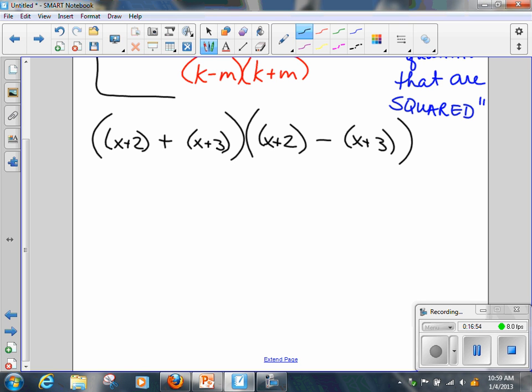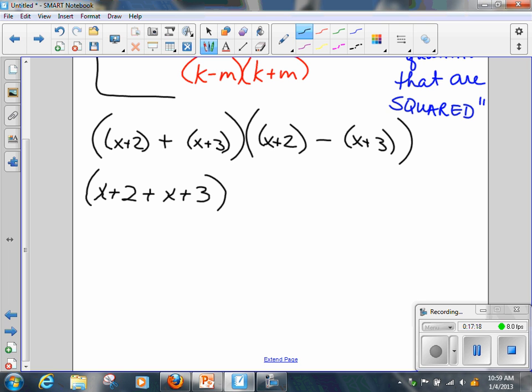Can I do that? If it's plus, can I rewrite x plus 2 plus x plus 3? Can I write that? Yeah, I can write that. Because it's just a quantity plus another quantity. I can do that. Can I do that on the next one, though?